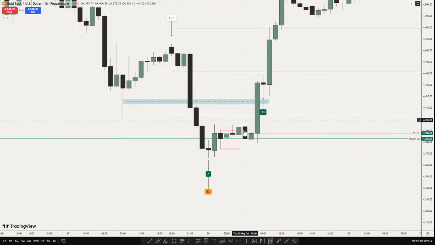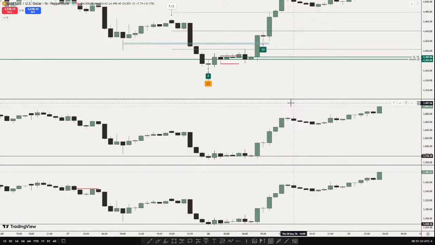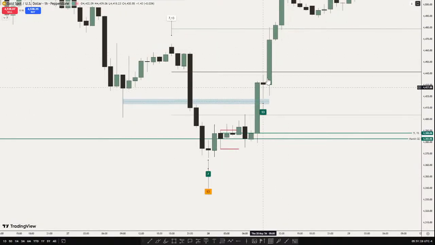So 10 is an all important number, 11 is also an important number, so it depends how the lower time frame is developing around these areas. And then price moves up. 13 gives us a retracement again. There might be some SMT or a tap into the first presented fair value gap, and then price moves up again. 13 and then delivery towards the 17th candle.